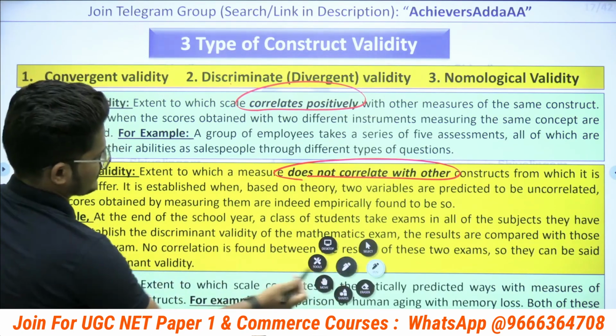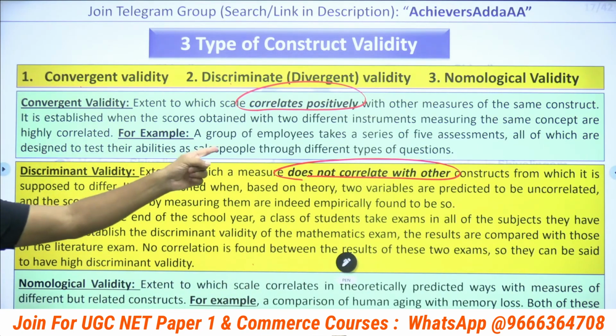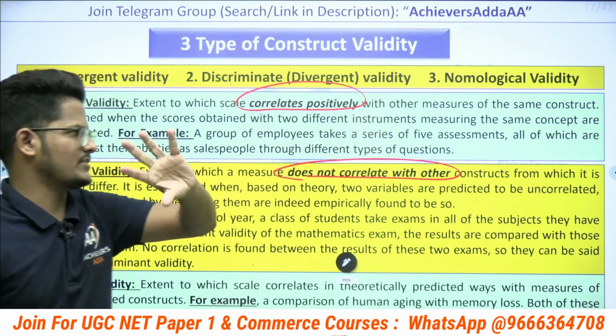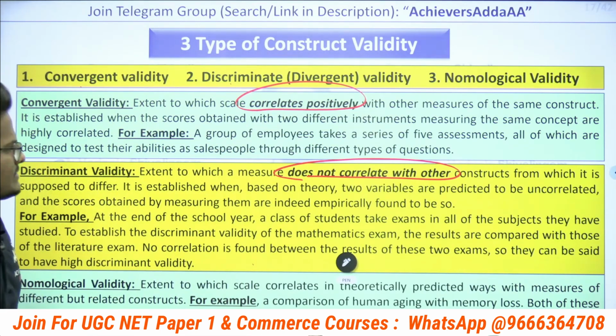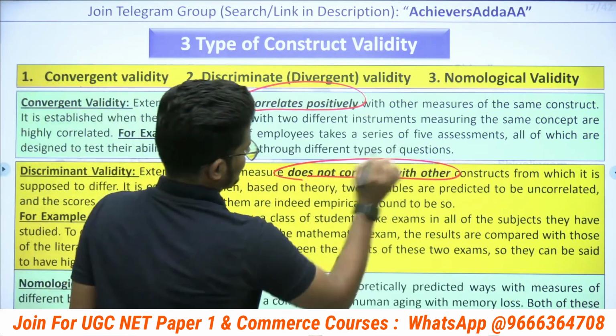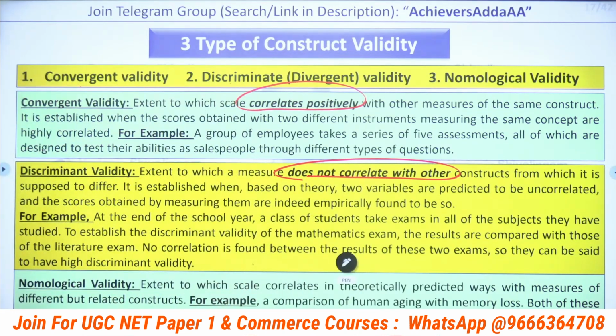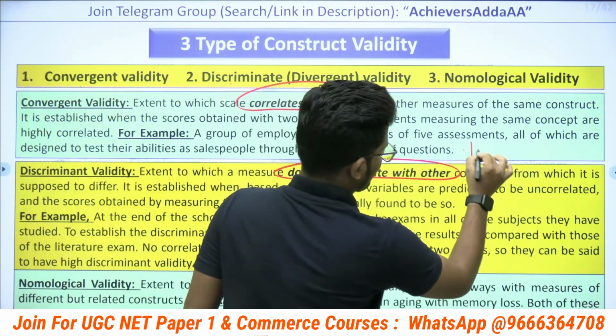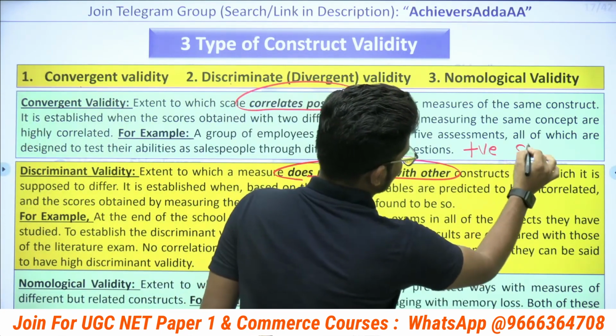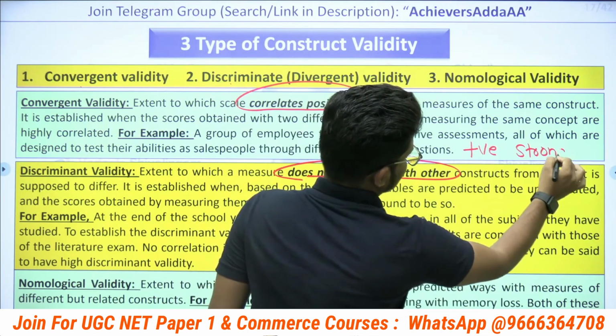Let me tell you the three ways. Here a group of employees takes a series of 5 assessments, all of which are designed to test their abilities as a salesperson through different types of questions. Here correlation is positive. Why? Very strong correlation is there. Why is it very strong?